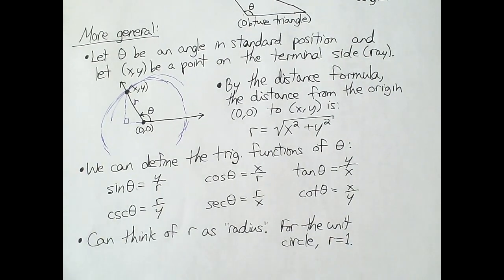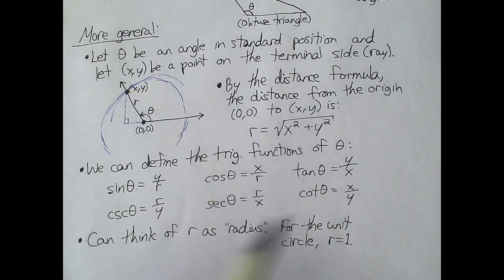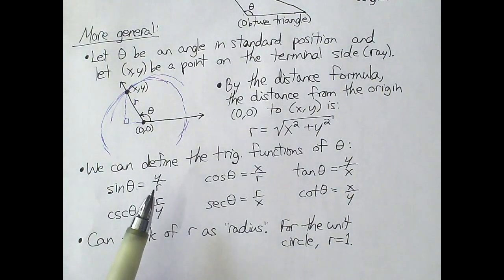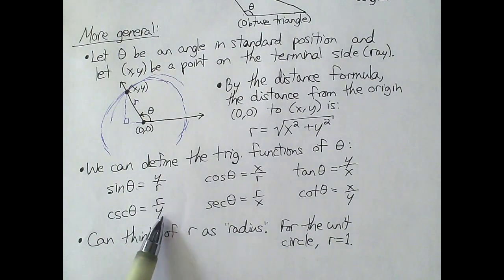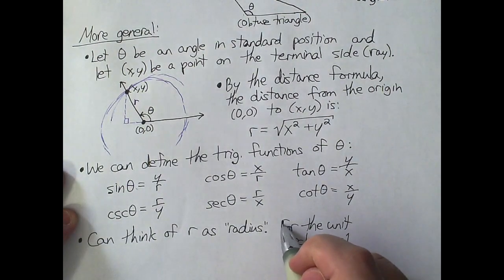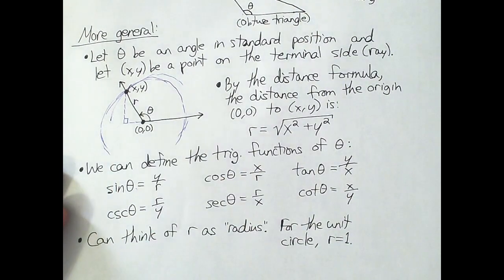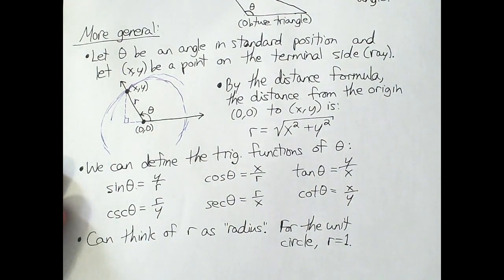So everything that we said about trig functions in regard to the unit circle is still consistent with what we're doing now. It's just that that's the special case where r is 1. And if r is 1, we get the familiar things we're used to, like sine equals y, cosine equals x, cosecant is 1 over y, and so on. So this is consistent with that, but now we might have something that's not just the unit circle.